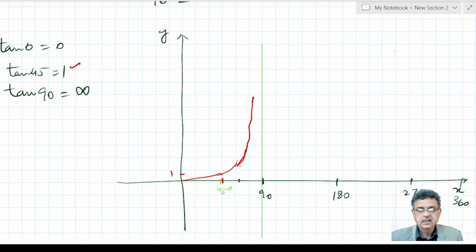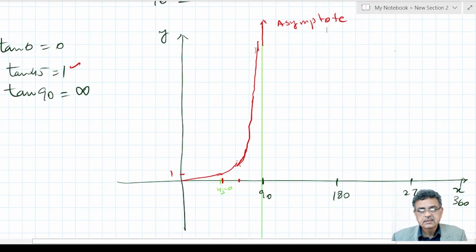and it appears to get closer to this line of 90 degrees, but it does not touch this line. So we can say that the line at 90 degrees is an asymptote of the graph of tangent x.